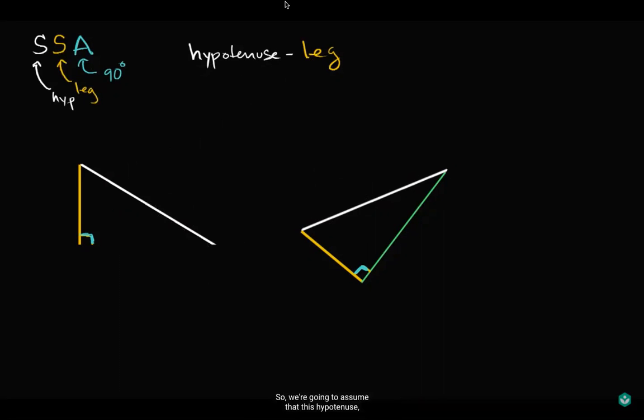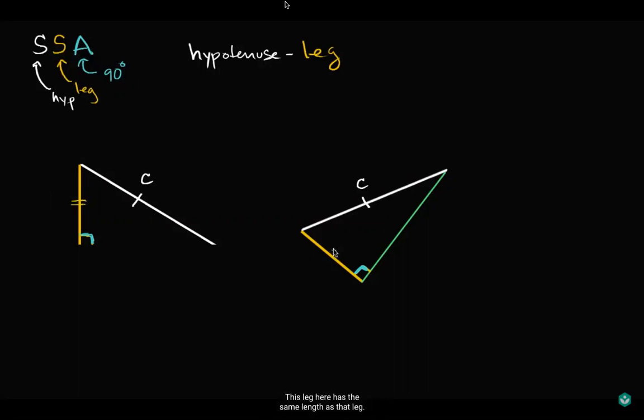We assume this hypotenuse has the same length as that hypotenuse. Let's say they're both of length c. We can assume that this leg here has the same length as that leg.